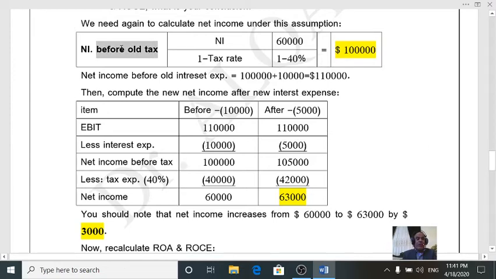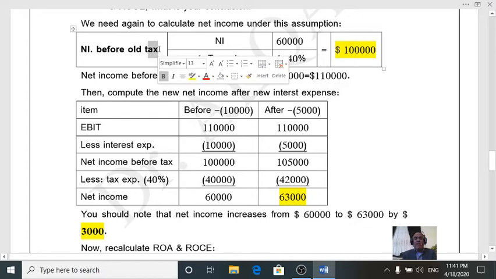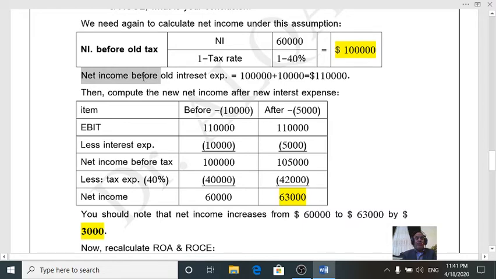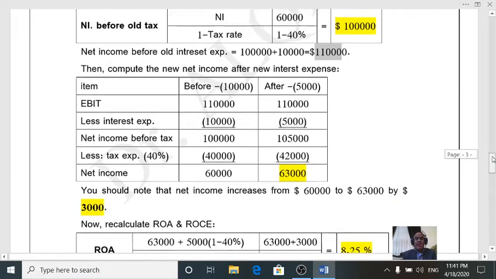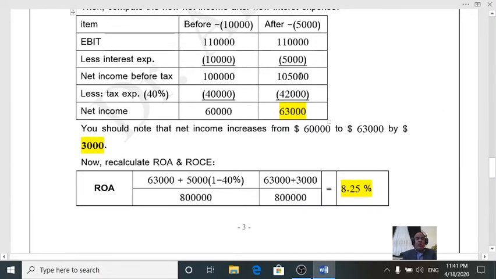Net income before tax will be 100,000. Then we compute net income before interest expense: 100,000 plus 10,000 interest expense, so we have 110,000.